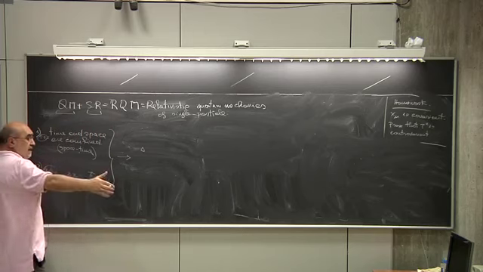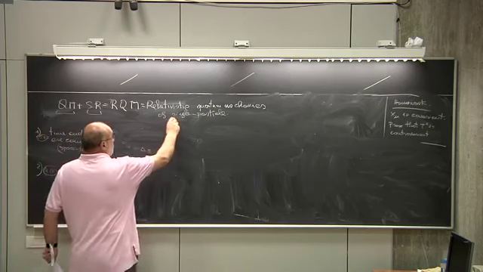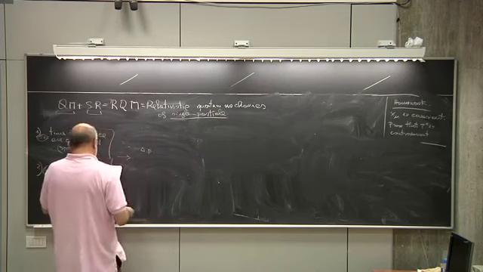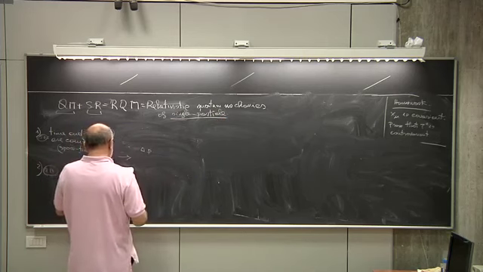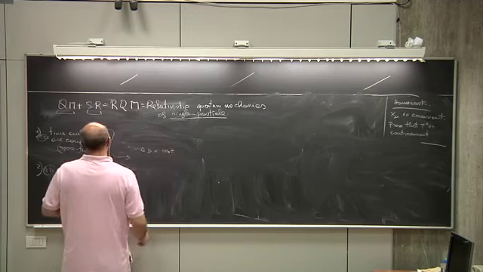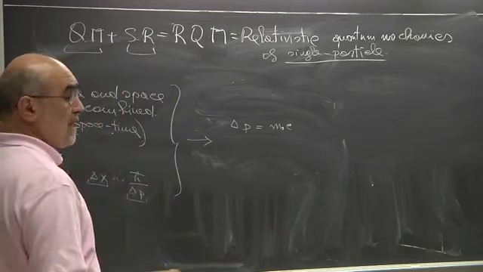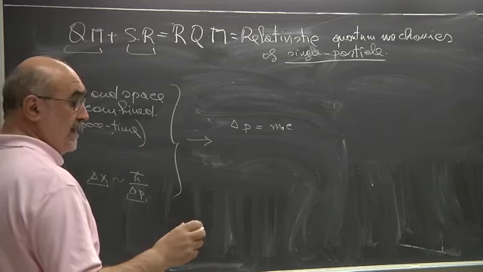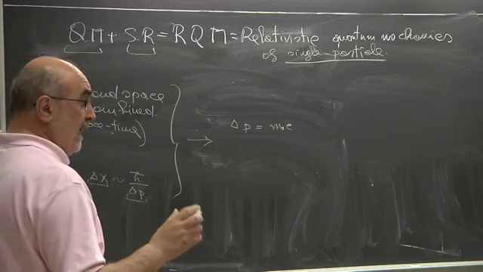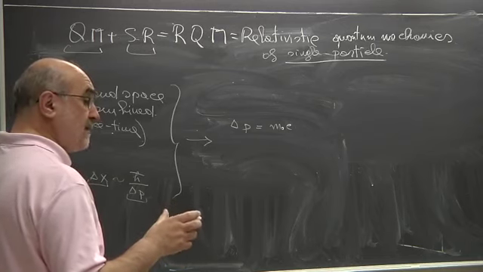That means it can be very big or it can be very small. Here, if I put these things in, the maximum delta p that I can get is this one. Why? The maximum delta p, so this is the uncertainty in delta p. If I want to describe a single particle, this is the maximum uncertainty in delta p I can have.